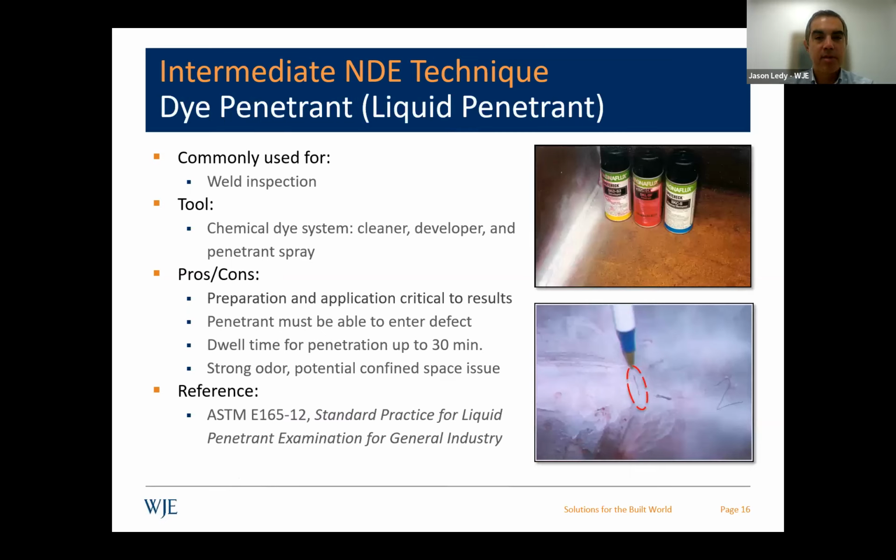Another similar concept to evaluating welds is the dye penetrant or liquid penetrant evaluation, also used for weld inspection. The surface is prepared prior to application of the liquid dye. One of the drawbacks to this method is there is somewhat of an extended dwell time.